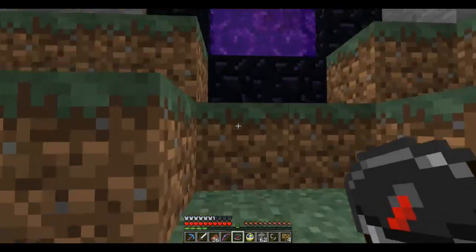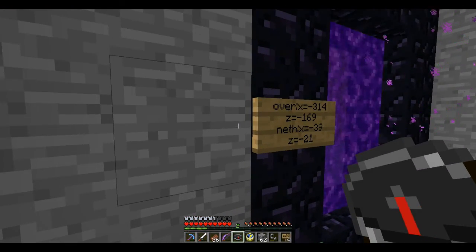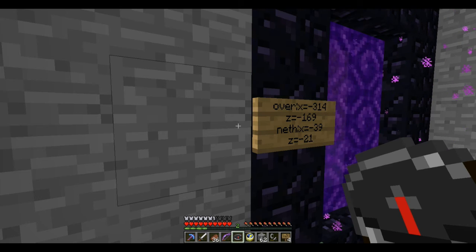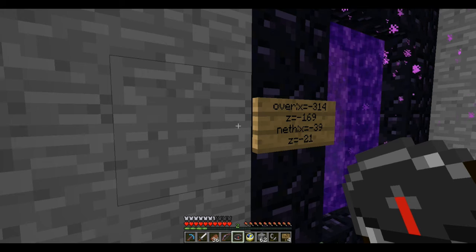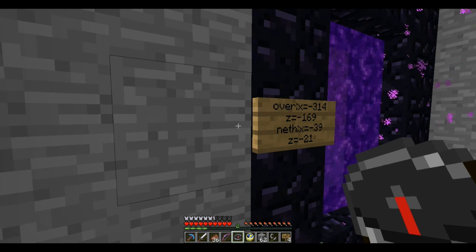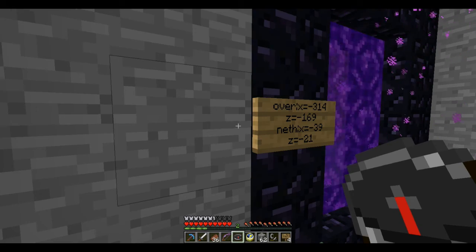So, I've built the nether portal, and I wrote down what the coordinates are. So those are our current coordinates, the things that are marked with over, and the things that are marked with neth, that is the nether coordinates. So I'm actually going to type those in right now so I have them written down.